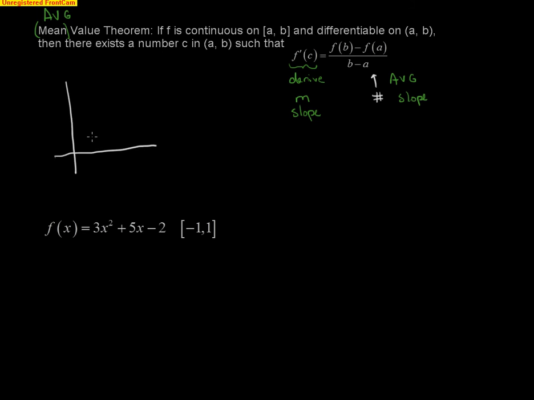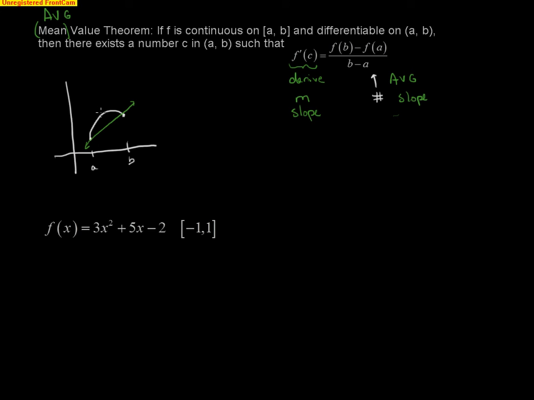If I've got a curve going from A to B, and I got a curve that kind of looks like this, okay? At some point between them, if I take the slope of the 2 points, that's your secant line. That's your second part right there, okay?